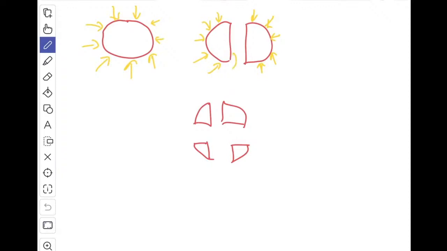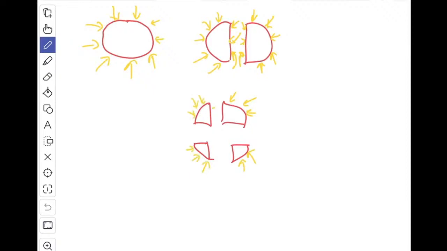So there is more surface area available for it to react with. Similarly with the quarters, it can react on the whole outer perimeter, but it can also react with the other sides that are now exposed because the tablet has been split up.